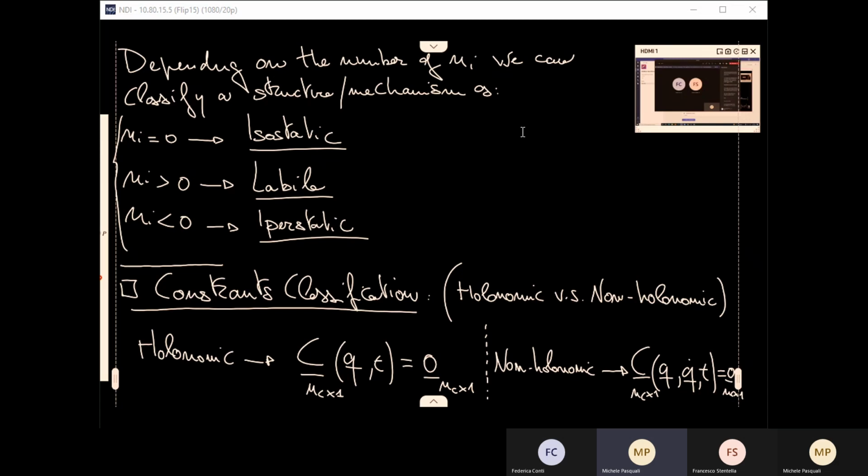A great part of this treatment will focus on how to include the constraints in the writing of these equations, how to embed them easily. And in fact, one of the choices when we're talking about generalized parameters is choosing them so that the enforcement of our constraints is as simple as possible.